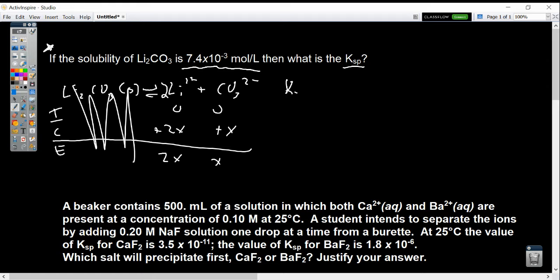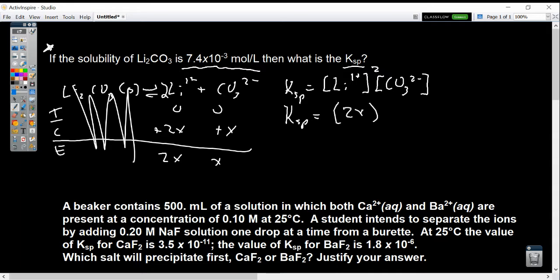So you can just say, hey, the KSP is going to be the cation, not two lithiums, just lithium, the cation squared. There's the two times the carbonate. And that means the KSP is always going to be whatever this is, which would be 2x, because there are two lithiums, squared, times carbonate.